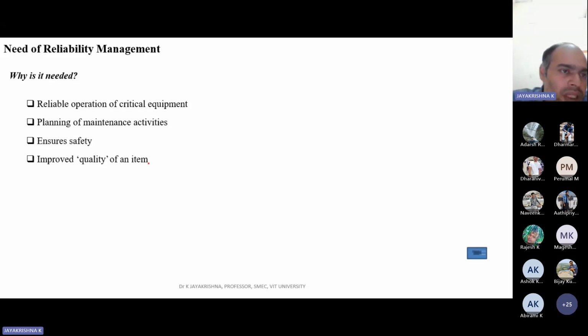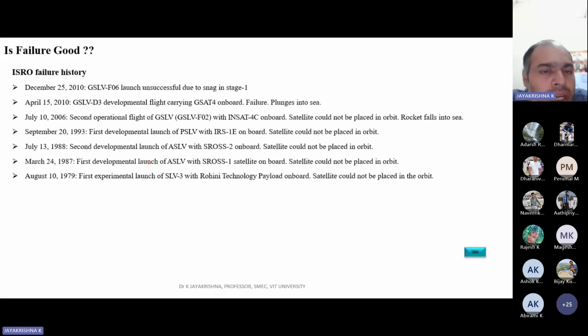One such example: India has a very good record in all its space missions. But initially, let's go from down to top. In August 1979, we launched a Rohini satellite, but we were not able to place it in the orbit.